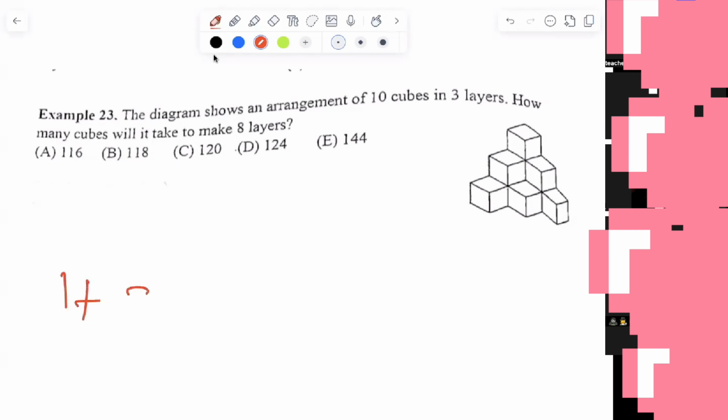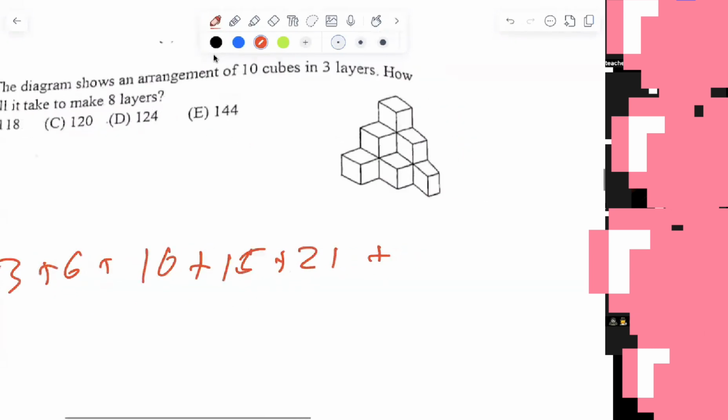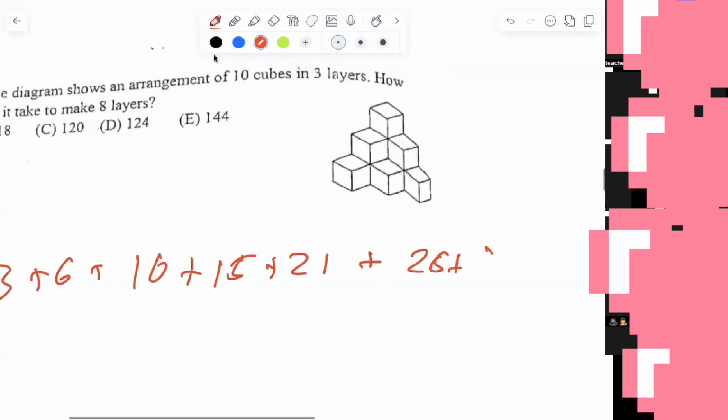It's 1 plus 3 plus 6 plus 10 plus 15, and then plus 21 plus 28 plus 36.